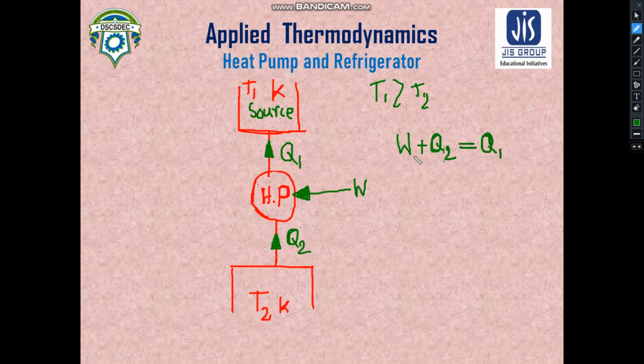So this is the basic energy balance which we have seen here. Here W is the work input, so that the heat pump can transfer this low temperature heat. So you can see that there is work input to the heat pump, so that the heat pump can transfer this Q2 heat from the low temperature reservoir to the high temperature reservoir.